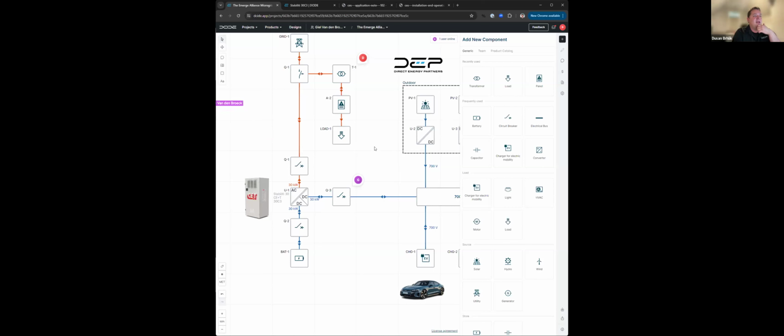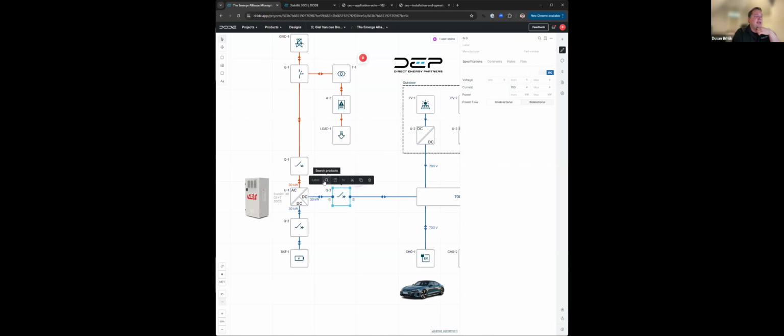So here, let's go ahead and find a circuit breaker that could work for this system. When you click the search icon, we immediately filter down what could work with this power converter and the voltages.